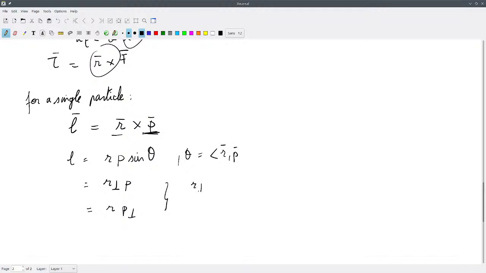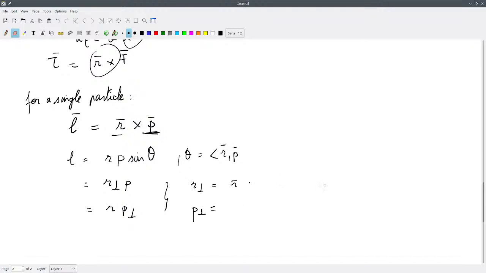So r perpendicular is not r projected on p.